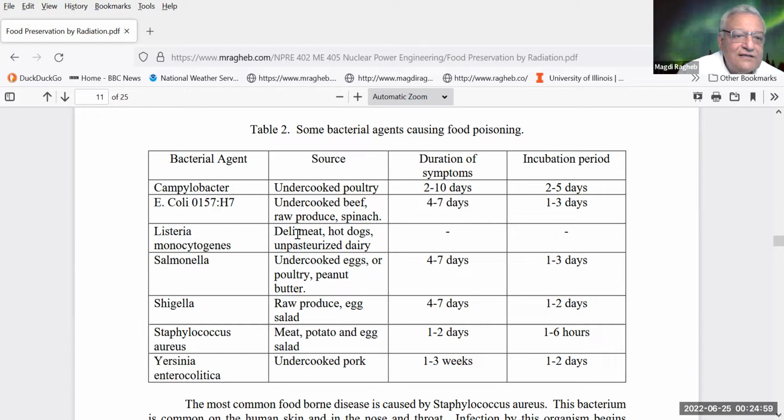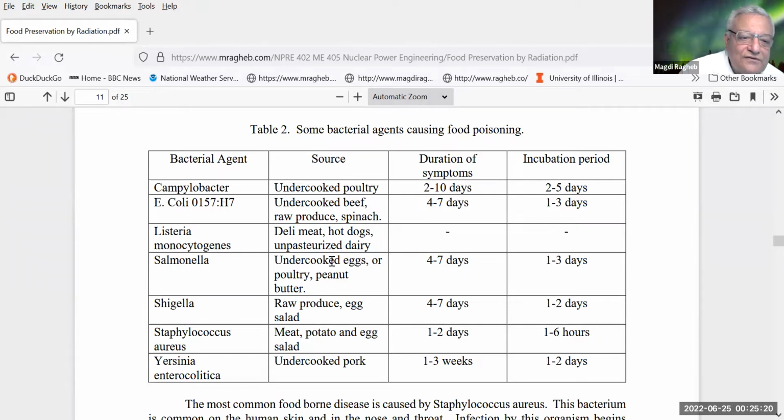Listeria comes from deli meat. You're not recommended to eat deli meat, hot dogs that are not well cooked, obviously, and dairy that some people think would be more healthy because it is unpasteurized. This is stupid. Salmonella happens in undercooked eggs or poultry and in peanut butter.